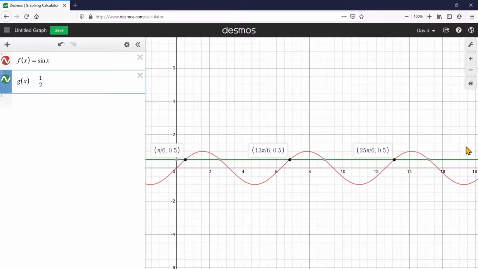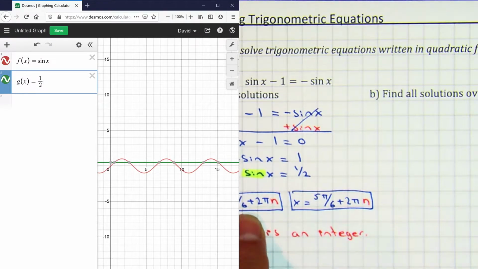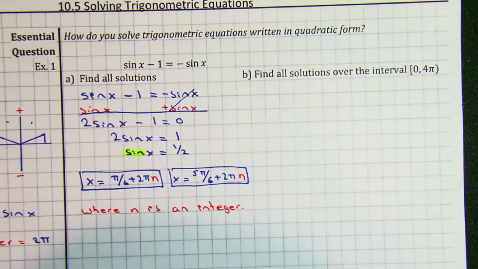This solution, 5 pi over 6, will repeat every 2 pi. And therefore, this will give you all of the solutions for this equation, where n is any integer.